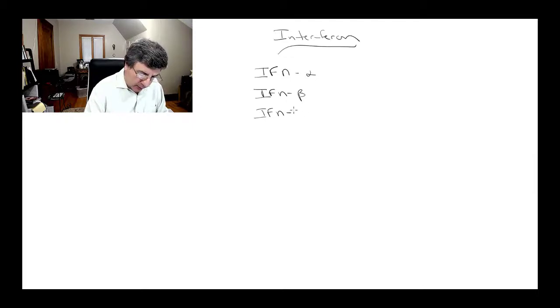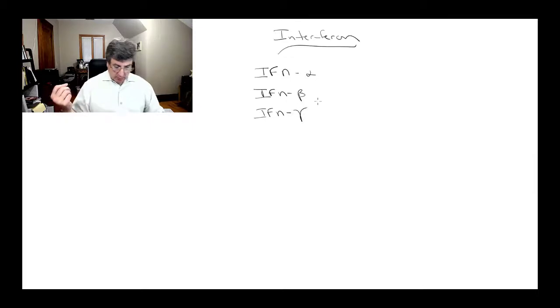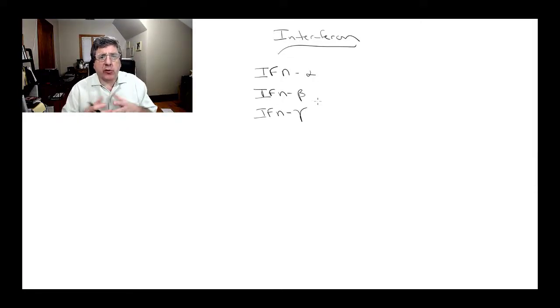That's a gamma. Good enough. Okay, so those are your three different types of chemicals, and this is going to be associated with cells that have been infected with a virus, or also cancer cells.